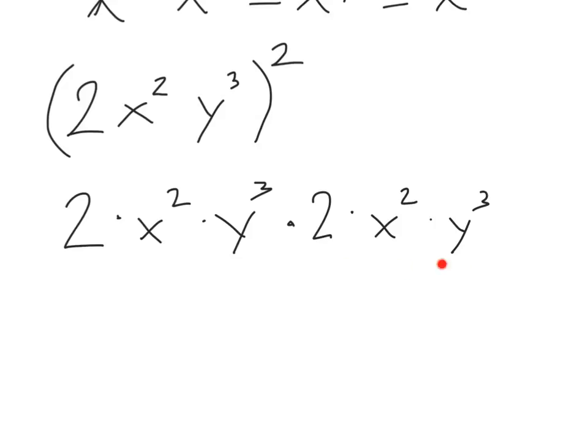This and this are equivalent, because all that squared means is that I multiply this by itself again. And so I can say that the answer is 2 times 2 is 4. X squared times x squared is x to the 4th, because 2 plus 2 is 4. And I have y cubed times y cubed, which is y to the 6th.